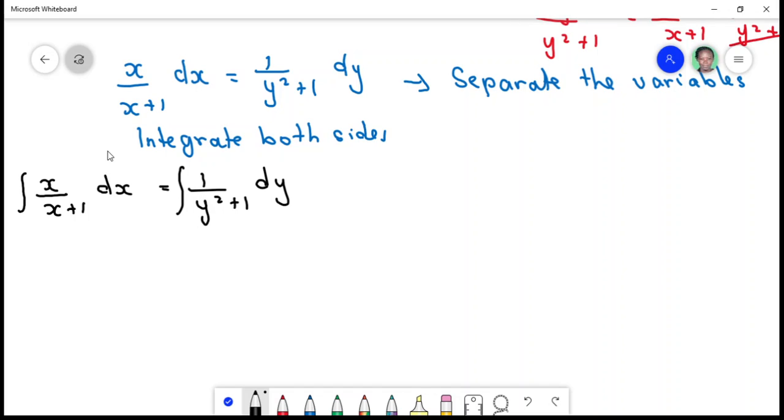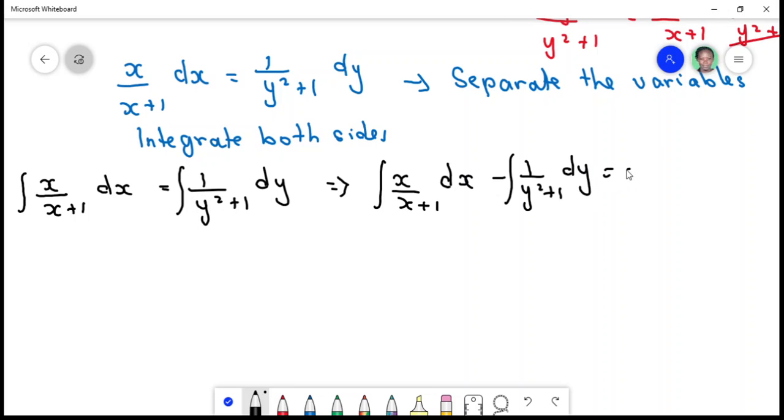On this side, I can write x over (x plus 1) as 1 minus 1 over (x plus 1).